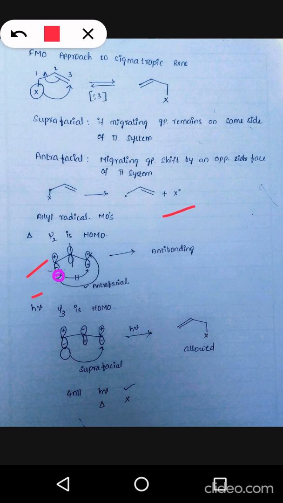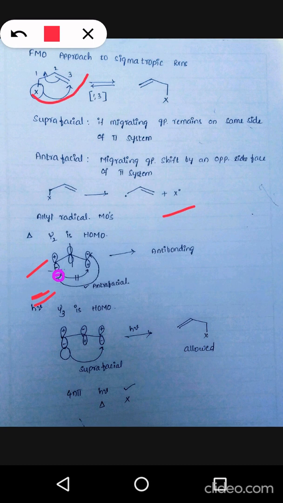So essentially the X radical lobe should have a minus sign, then only the overlap will lead to bonding. So consider the minus lobe of this X radical interacting with the allyl radical to form a bond. Now in order for the sigmatropic reaction to take place, this purple lobe should move from the first position to the third position.